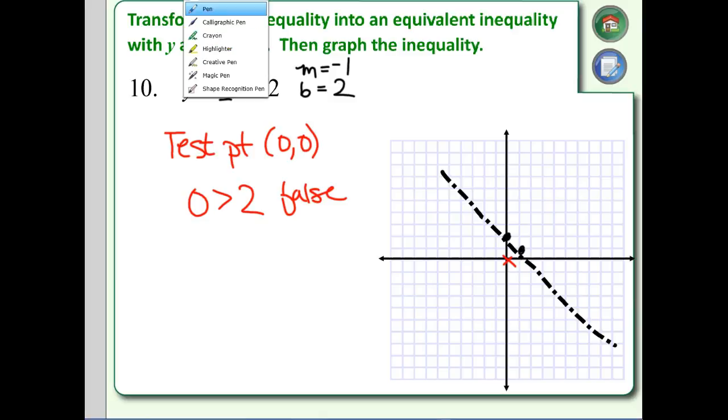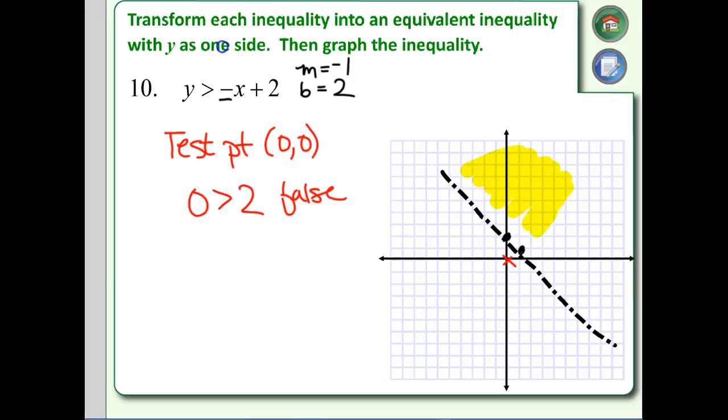So we are going to color in the side that is opposite the X marks the spot because it was false. So we color it in.